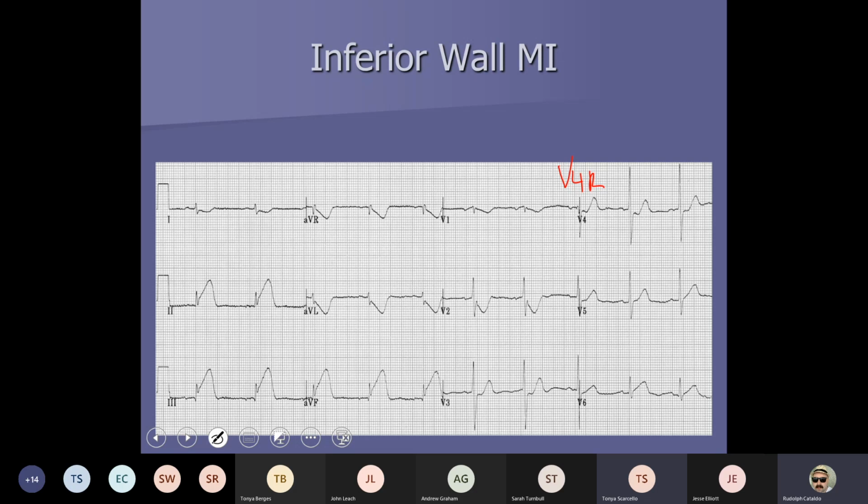You can move all your leads over and do the same thing, but for sake of time, on a patient that's potentially time sensitive, I only move V4 to look. And again, if you see elevation, that is indicative of, nothing's 100% in EMS, 99% blockage of the right coronary artery. If it's not elevated, then it could potentially be some sort of other left coronary artery wrapping around the back.